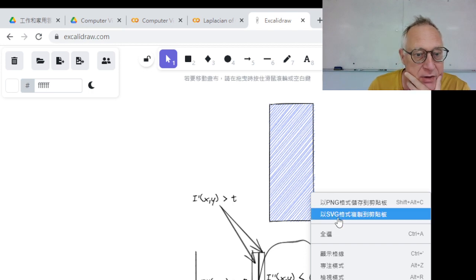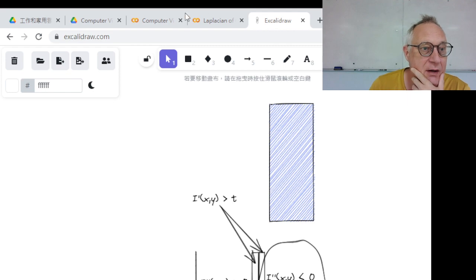Does it say copy to SVG here? Yes. Okay.